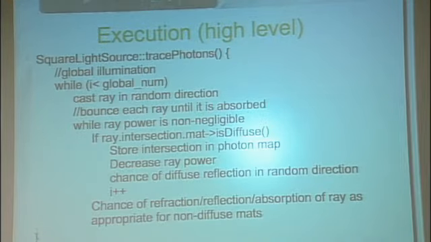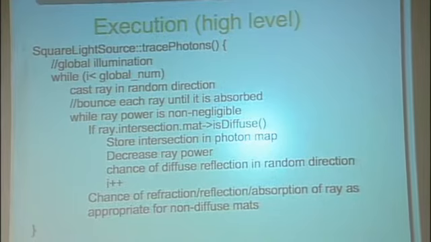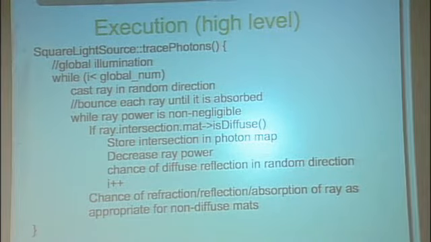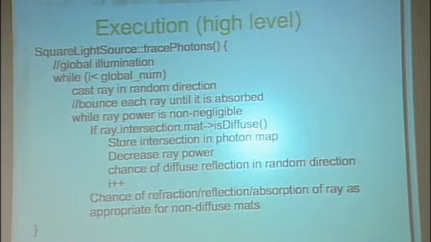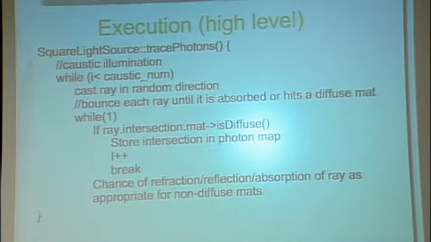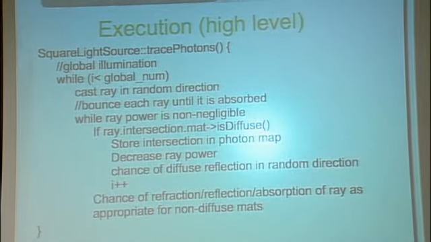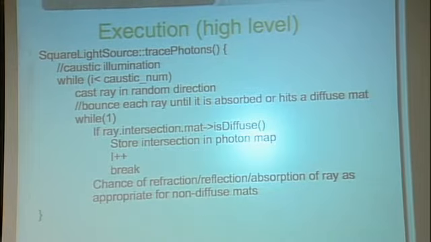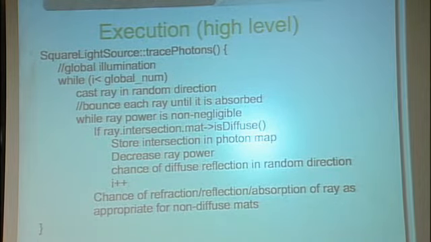It's pretty simple. So I'm also going to quickly go over how the light source traces photons for direct and global illumination. The difference is kind of subtle, but pretty important.